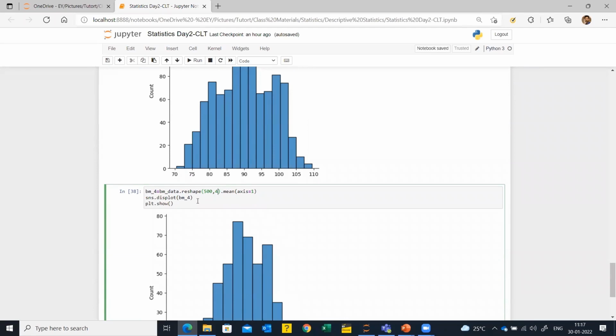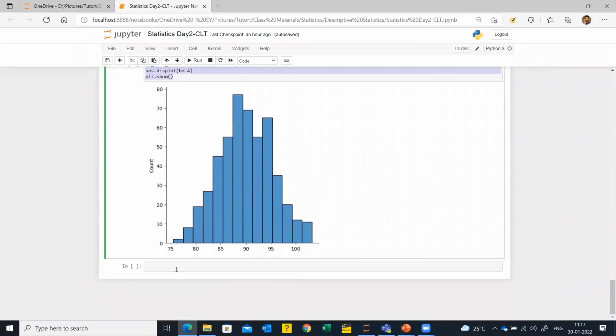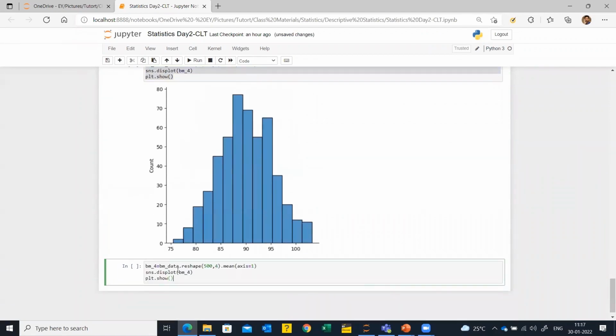Can someone do this for, let's say, a sample size of 10? It will become more normal, right? So this will be 200. This will be 10. This will be 10.